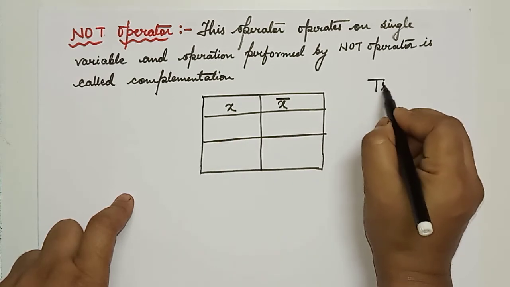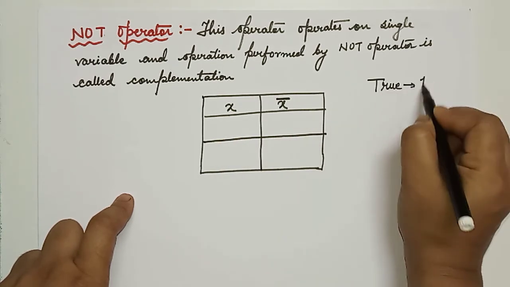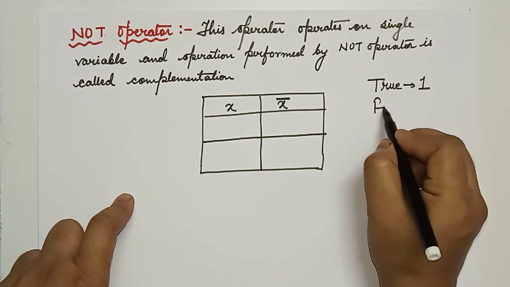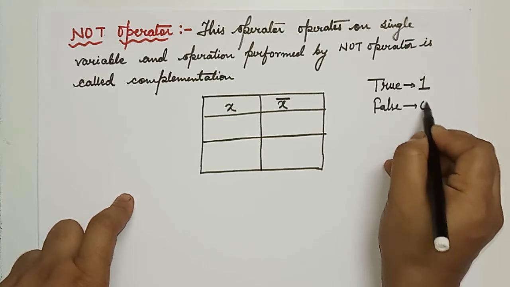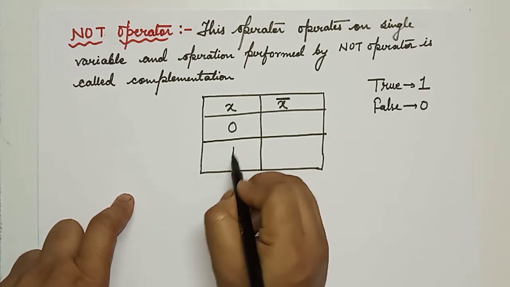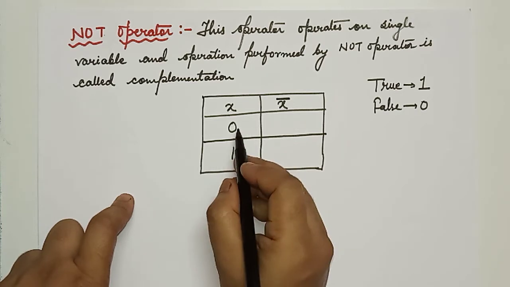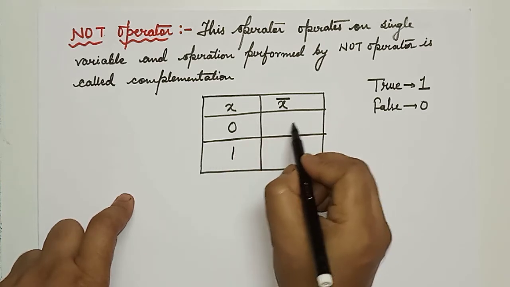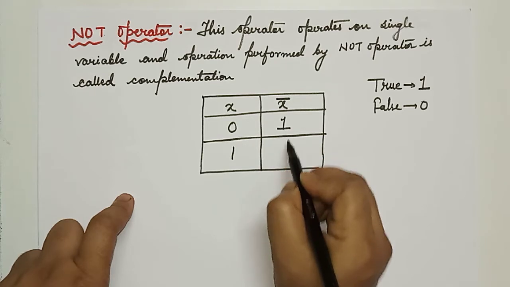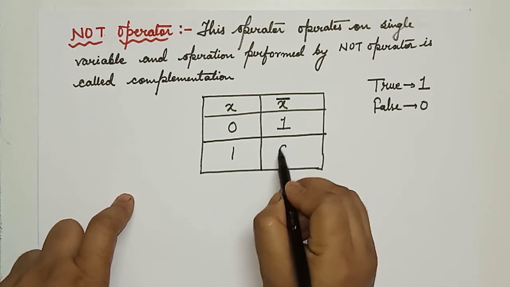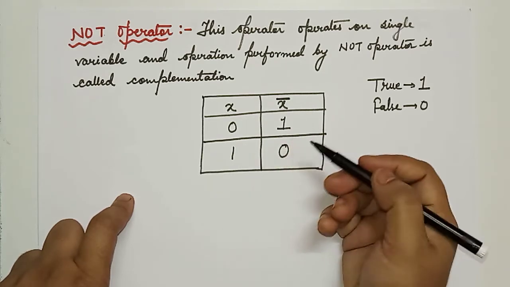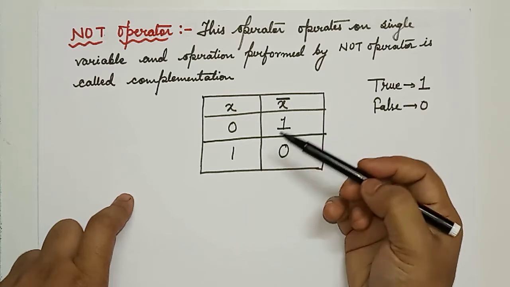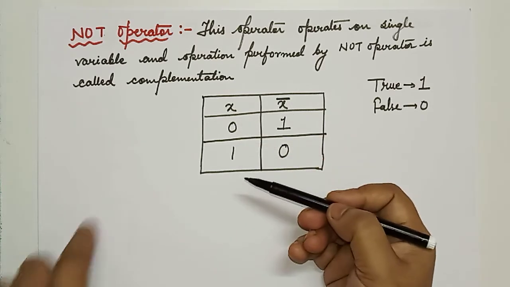True is denoted by 1 and false is denoted as 0. So let's say 0 and 1, that is false and true. So if you apply the not operator, what shall be the value of x bar? Here you will get the answer as 1, and for this you will get the answer as 0. So basically the not operator gives the complement of the logical variable.